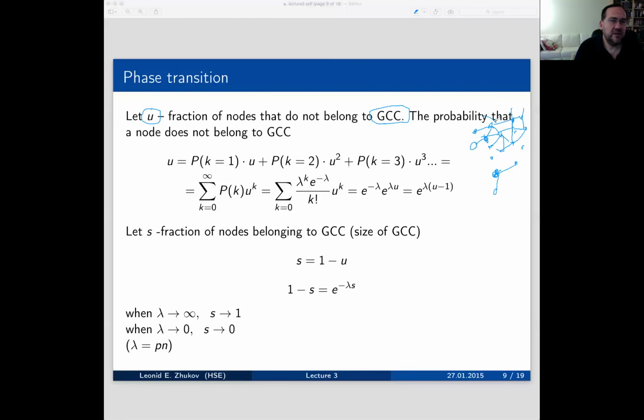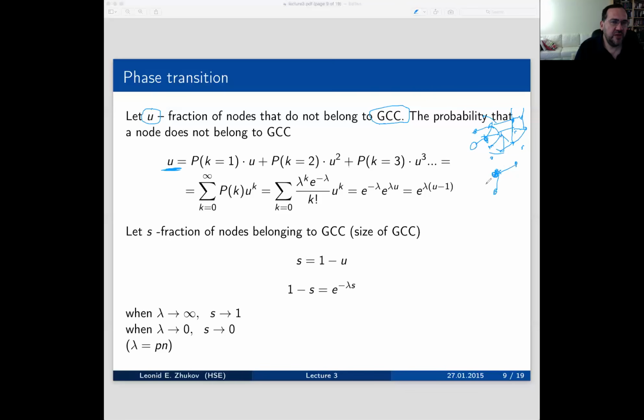And so the graph will become connected. So if U is the fraction of nodes that do not belong to the GCC, then how can this happen? Well, the node that does not belong to the gigantic component can still have neighbors.